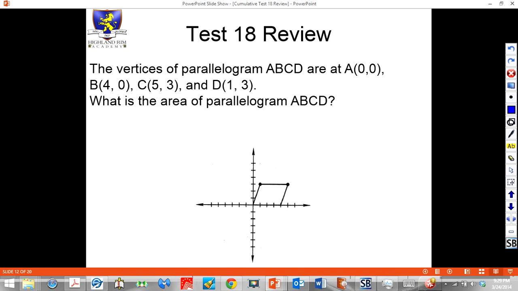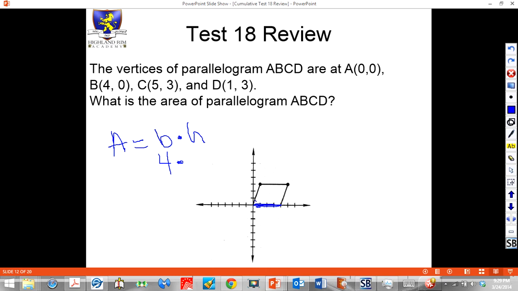So the area of a parallelogram, like every other parallelogram, is equal to base times height, right? That's all we got. So what is our base? We can see our base is here, which is 4. So equals 4 times our height. And what is our height?